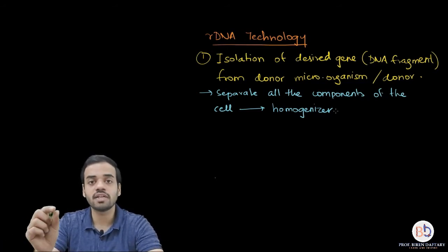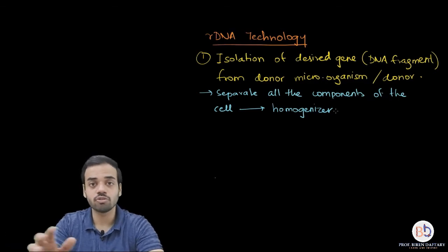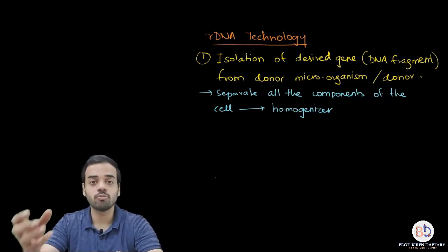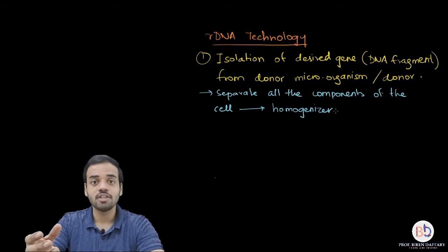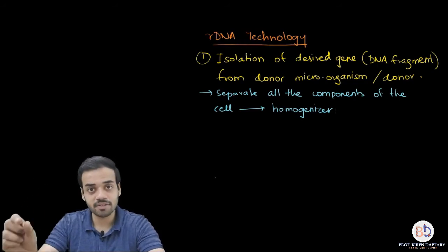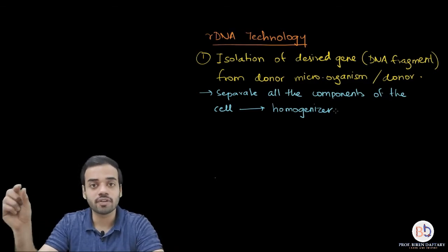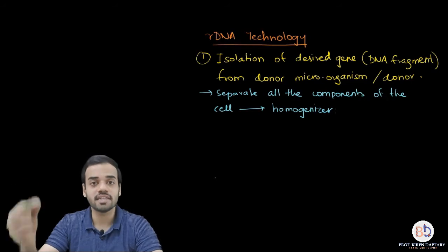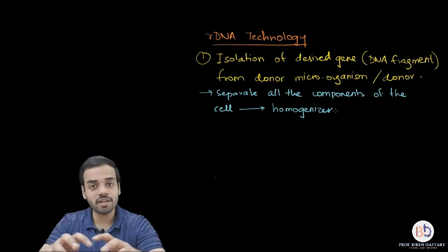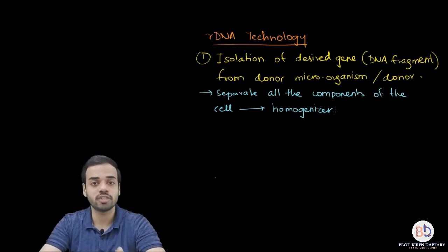Here you want intact DNA, because from the DNA you are going to get the required gene, so you don't want to destroy the DNA. So a homogenizer is a kind of blender which will separate all the components of the cell, but at the same time keep all the different parts intact. All the different organelles will be intact, the DNA will be intact, so all of them will get separated from each other, but they will remain intact. So a homogenizer is used.